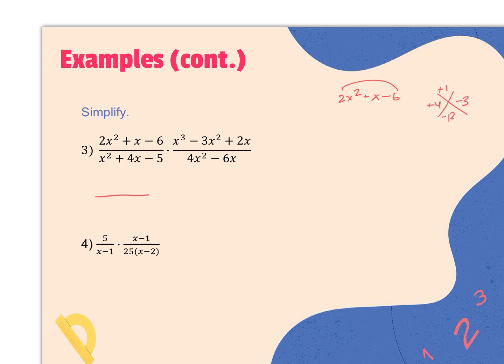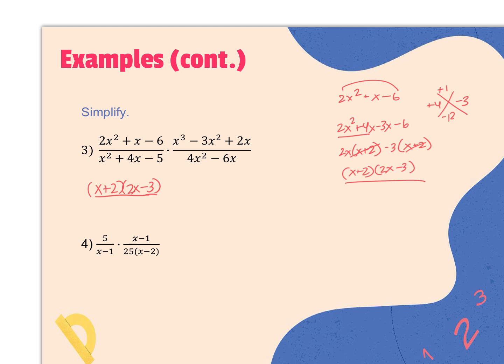So when I factor this, I do 2x squared plus 4x minus 3x minus 6. I take the GCF of the first two terms, and I get x plus 2. I take the GCF of the second, and I get x plus 2. X plus 2 is my new GCF, and 2x minus 3 is what's left over, right? So x plus 2 and 2x minus 3.